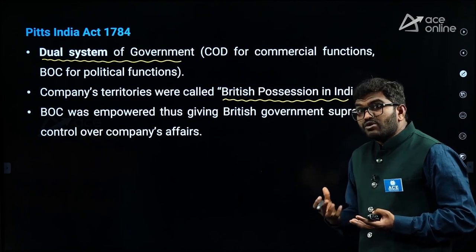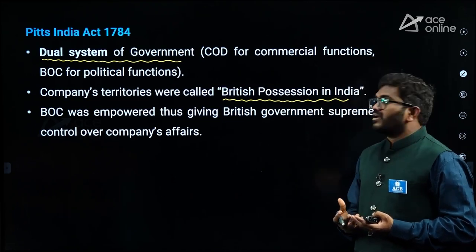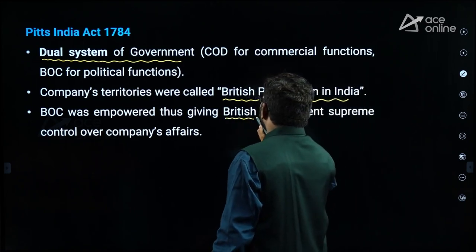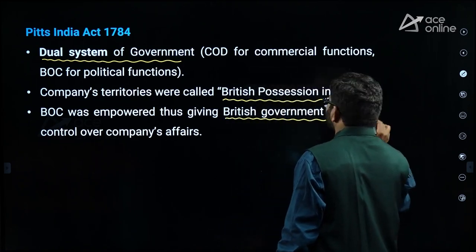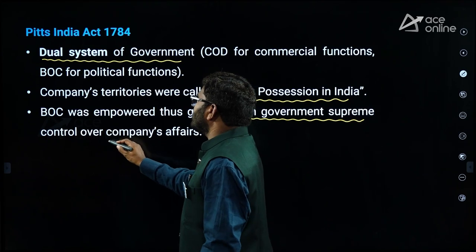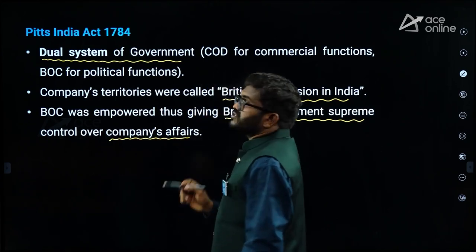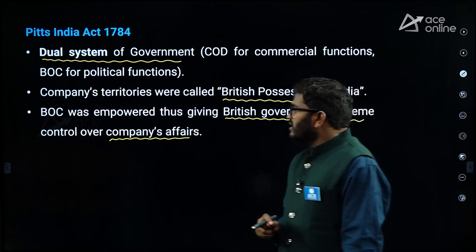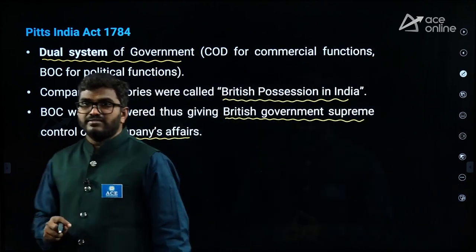So it will control the East India Company also, right? The British government has the supreme control through the Board of Control over the company's affairs. So this is the information about Pitt's India Act.